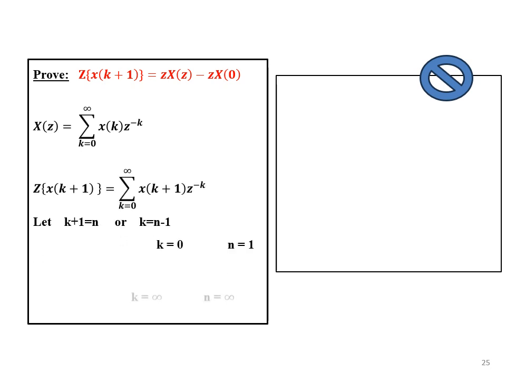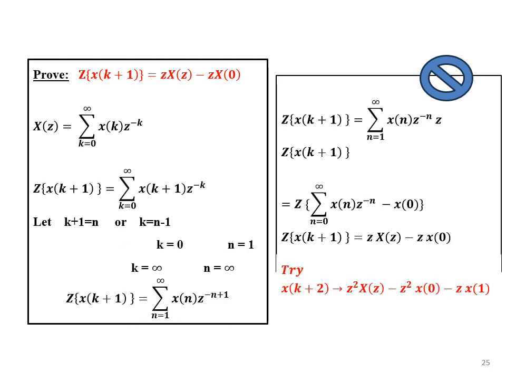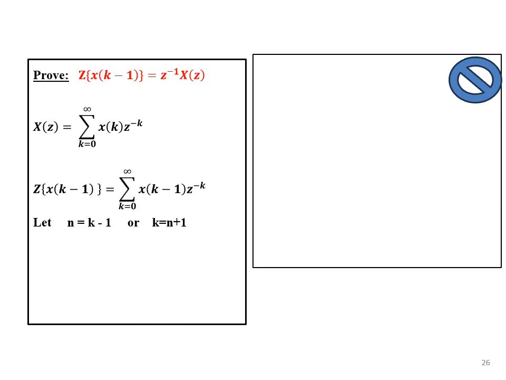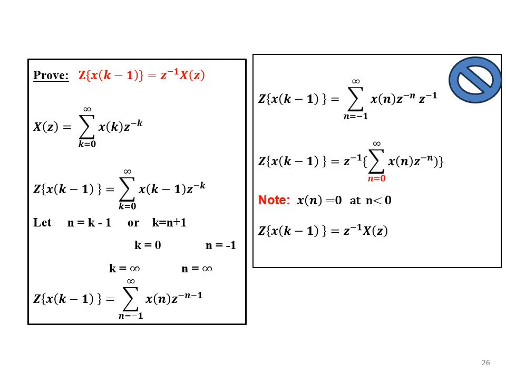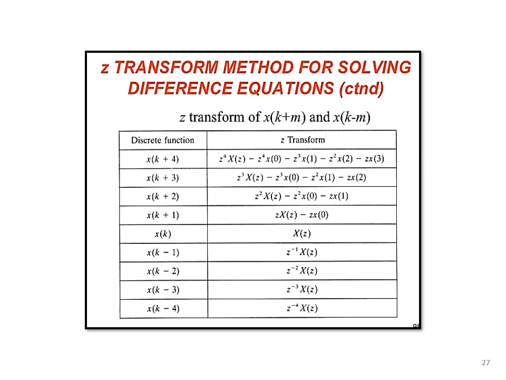The proof for this property, and for the second one, the table for the z transform: x of k plus 4 equals z to the power 4 x of z minus z to the power 4 x of 0 minus z cubed x of 1 minus z squared x of 2 minus z x of 3.